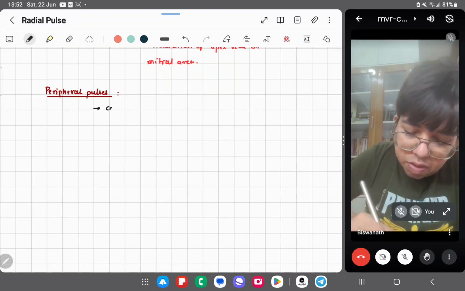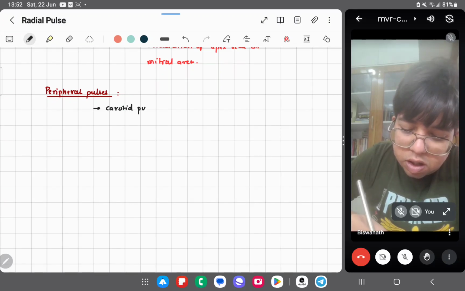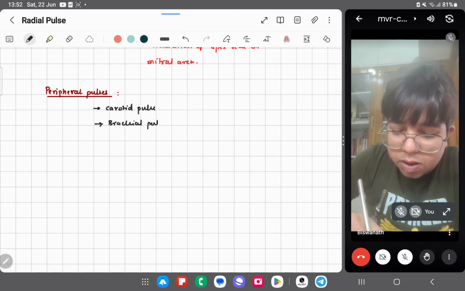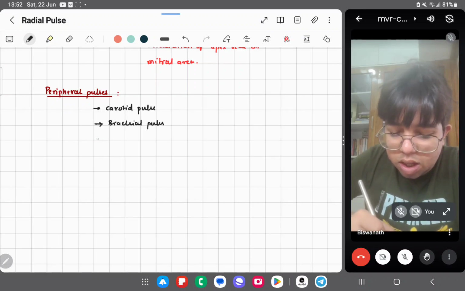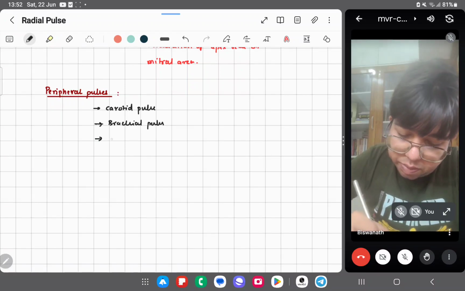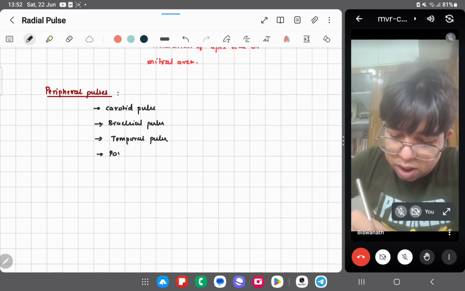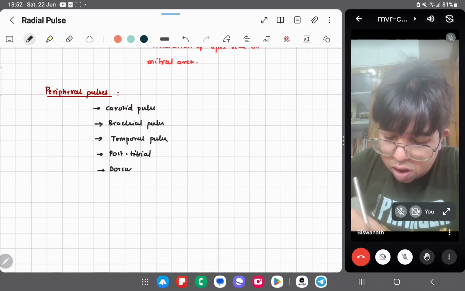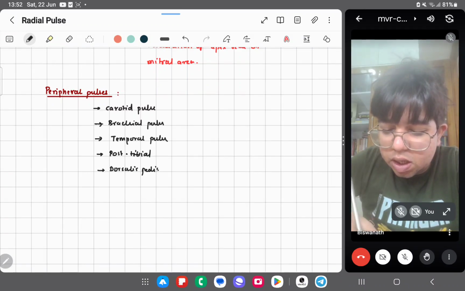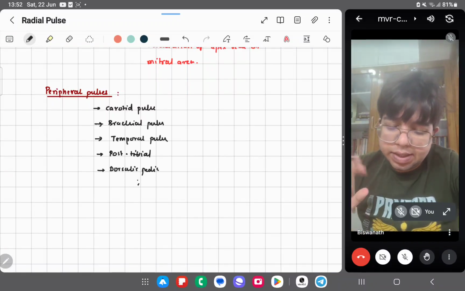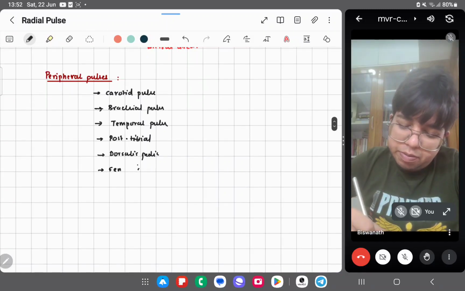Many things are there, right? Femoral pulse, important one.